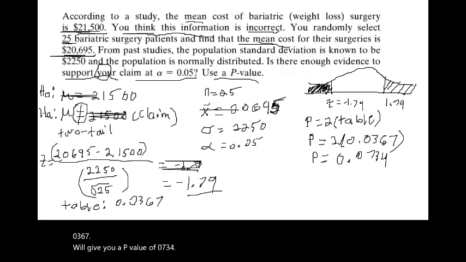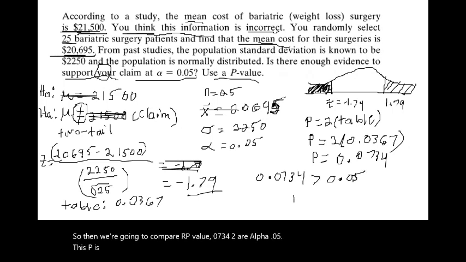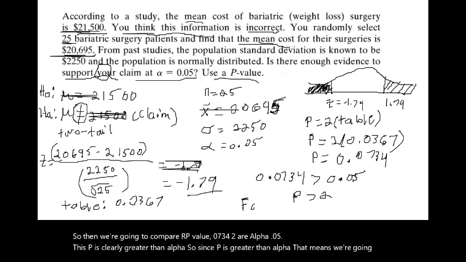So then we're going to compare our p-value, 0.0734, to our alpha, 0.05. This p is clearly greater than alpha. So since p is greater than alpha, that means we are going to fail to reject H naught.